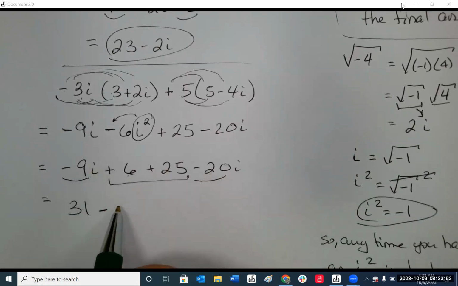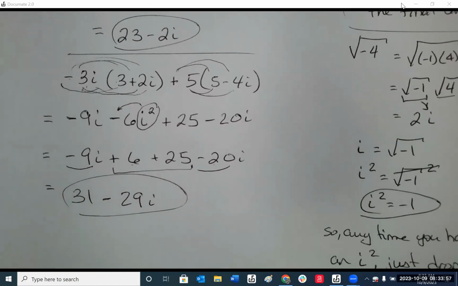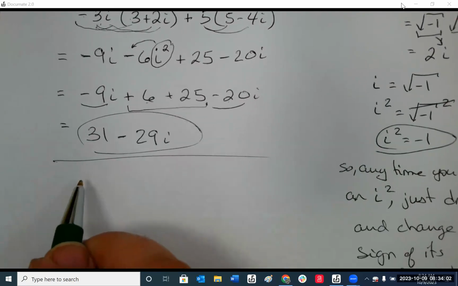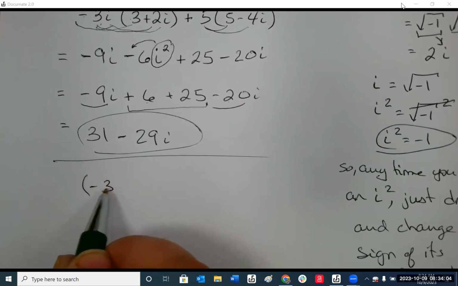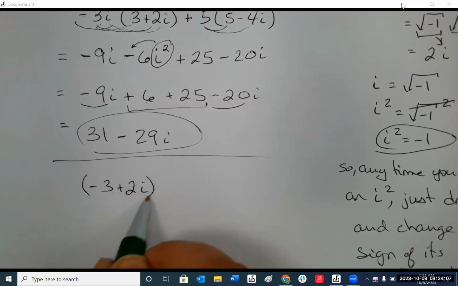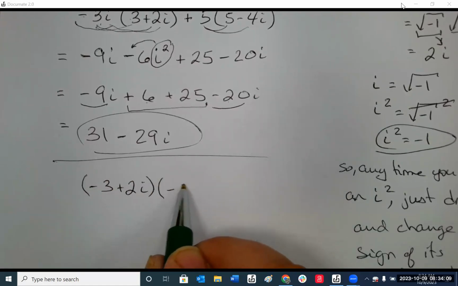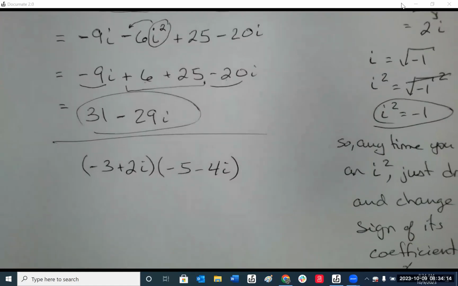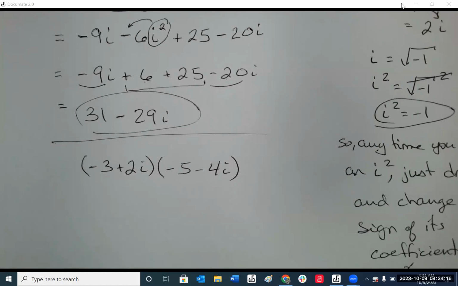So 20 plus 9 is 29i. Do this one, and then I'm going to show you a shortcut for another type of problem.